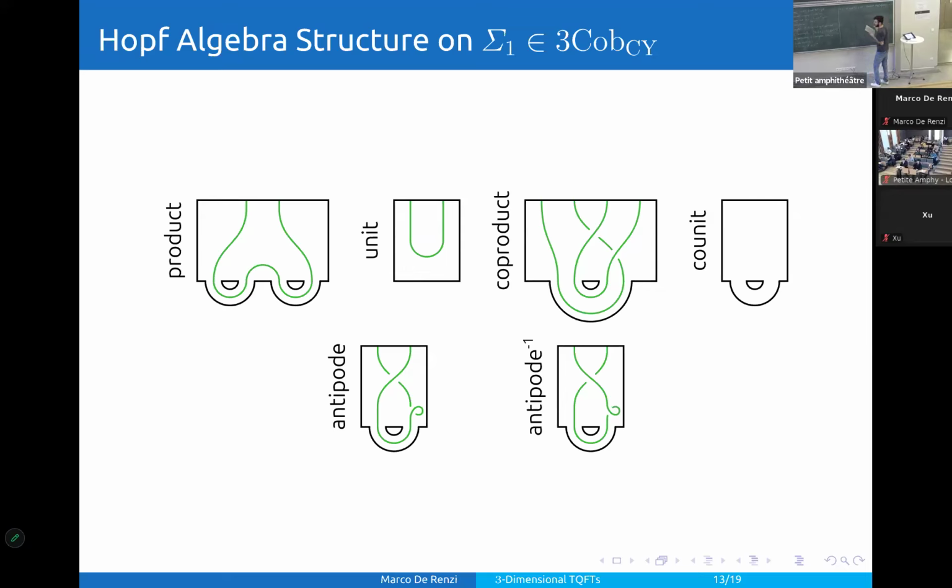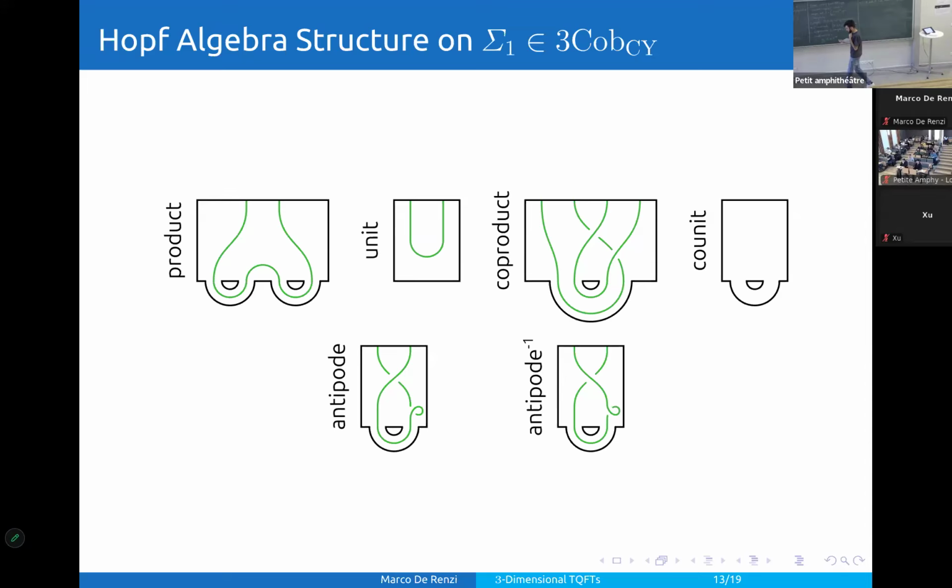So I explained what a Hopf algebra is in a general braided monoidal category using pictures before. In the category of vector spaces, you get from that definition the classical definition of a linear Hopf algebra.